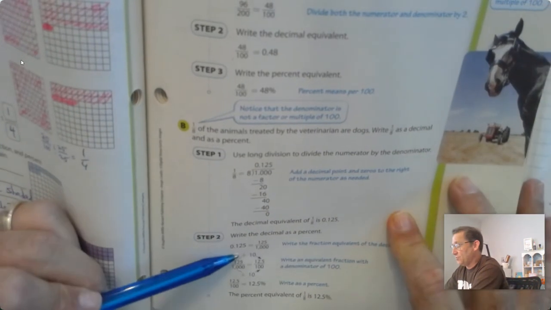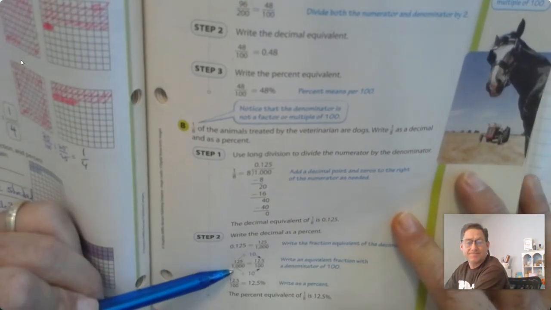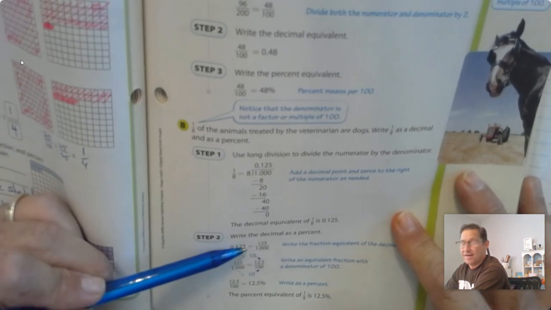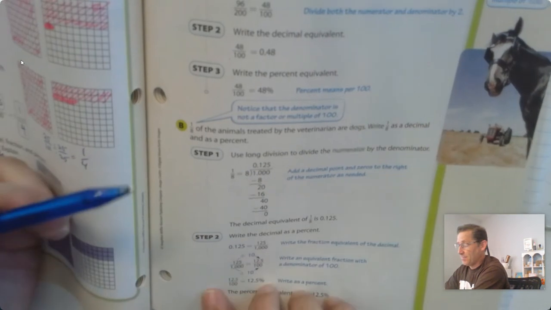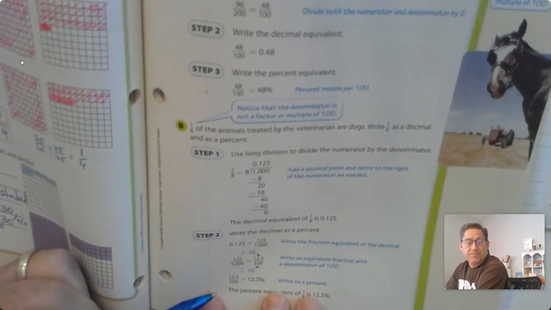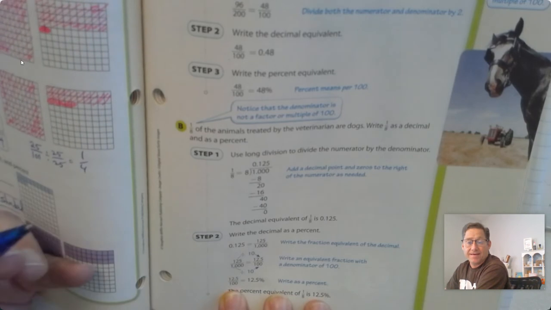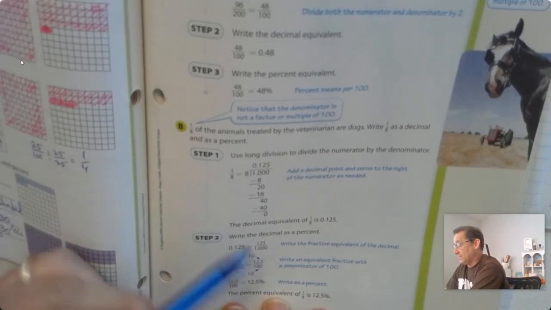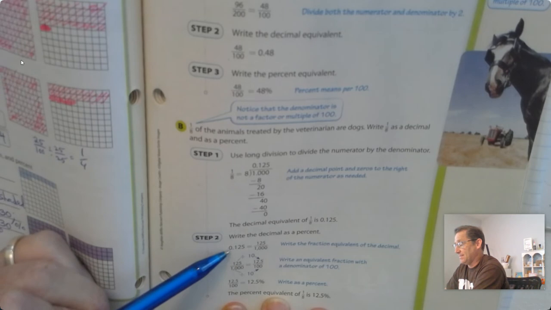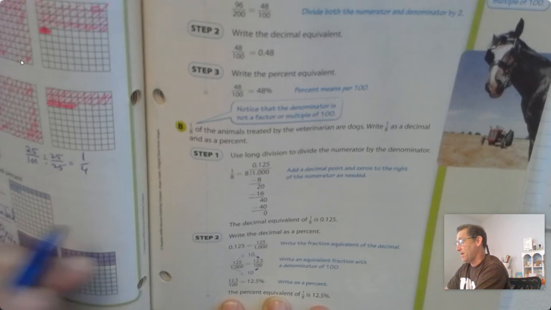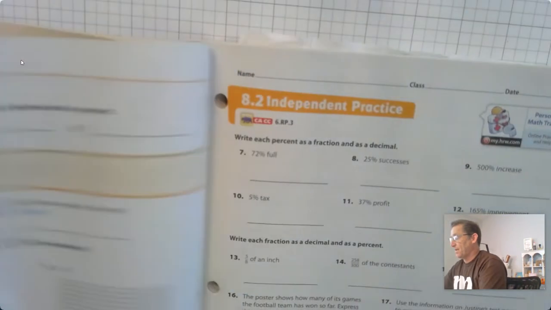So let's divide the numerator and the denominator by 10. 1,000 divided by 10 is 100, and 125 divided by 10 is 12.5. So now it's easier to write the percent. 12.5 out of 100 is 12.5%. And as the decimal, we already have that. We have it as 0.125. Okay. All right. So let's go ahead and practice a couple.